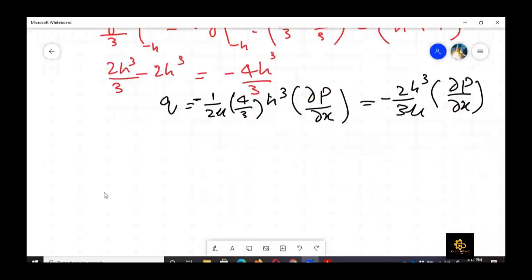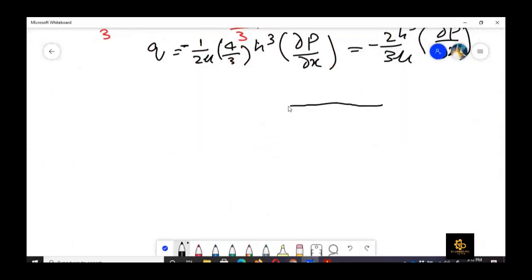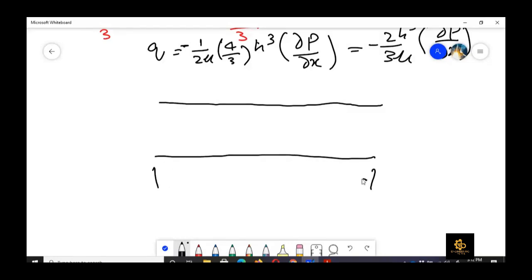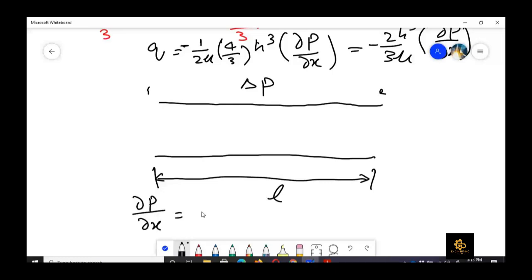So if we do that, then we can write that if I say that we have got a pipe which is of length L, and we have got total pressure drop here, that is delta P, between this point 1 and 2. So we can write a pressure gradient like this: partial p by partial x is equal to minus delta P by L. That is the pressure from final value to initial value. So that would be minus delta P by L, because it is showing us that pressure is being dropped.